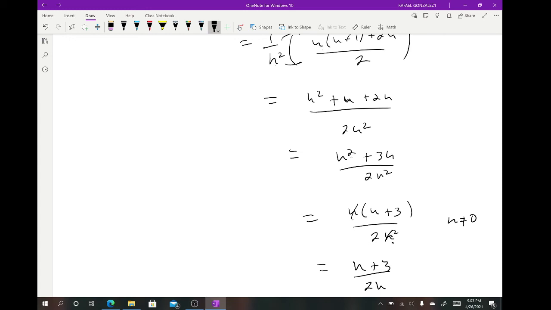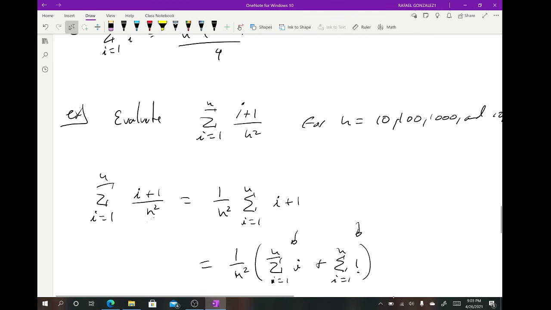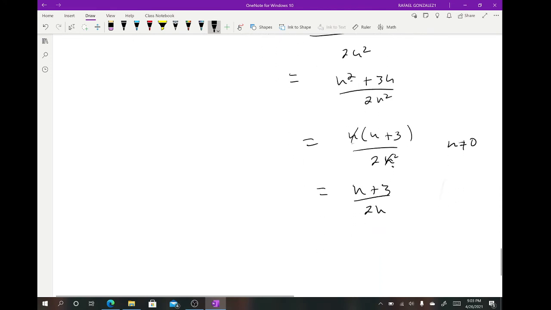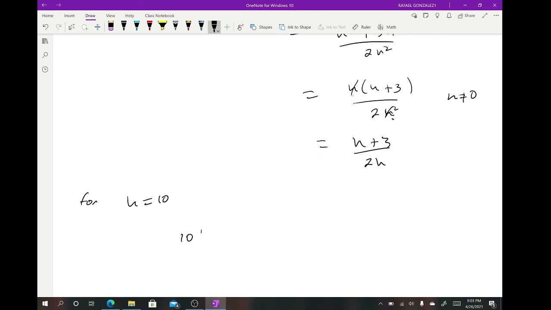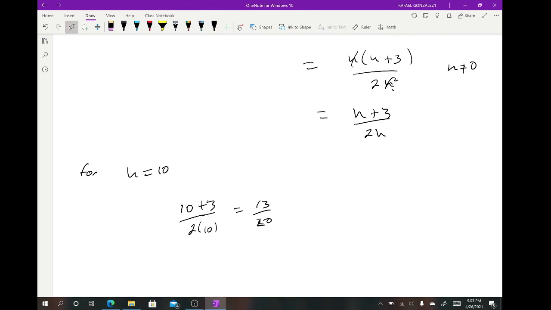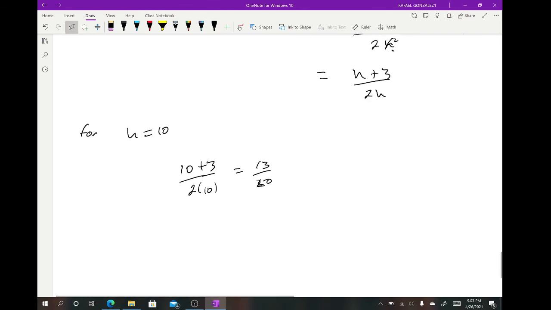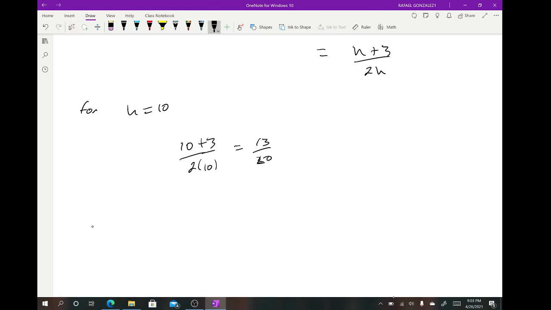Now we can actually solve the sum for 10, for 100, for 1,000, and for 10,000 by simply substituting in. For example, for n equals 10, we have 10 plus 3 over 2 times 10, which is equal to 13 over 20. If you have a calculator, you can simplify more and turn it into a decimal, but it's not necessary.